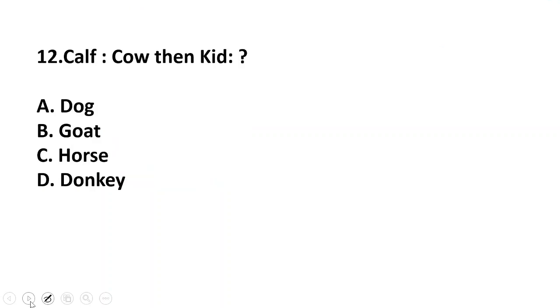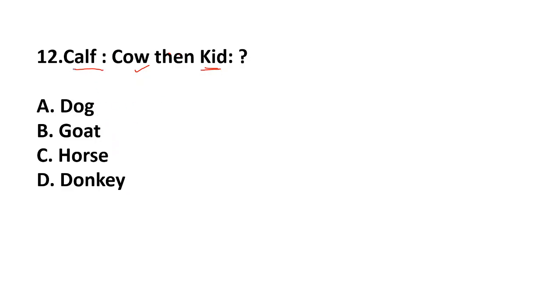Calf, cow, then kid. Now, the baby of a cow is called a calf. So the baby of which animal is called a kid? Dog, goat, horse, donkey.